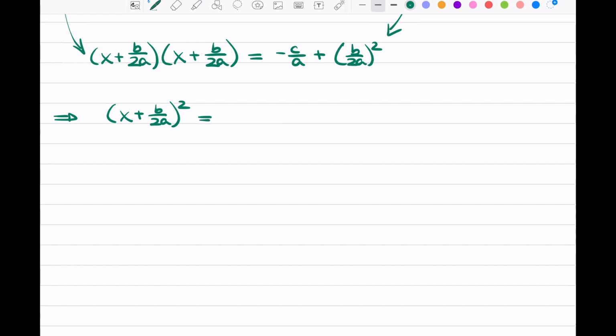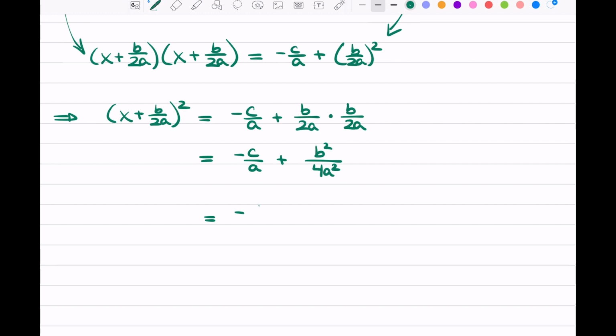And we're going to rewrite our right side. So we have negative c over a plus, and b over 2a squared we can rewrite as b over 2a times b over 2a. Let's keep on working with this right side. So we have negative c over a plus, and we can multiply those two fractions. So b times b is b squared, and 2a times 2a is 4a squared. Now we have two fractions here. Let's get common denominators.